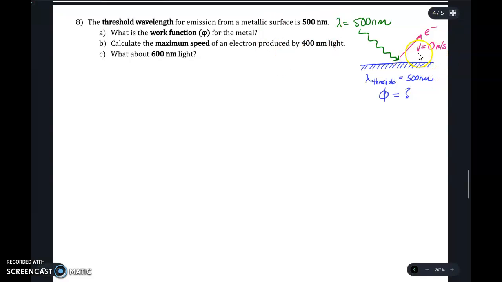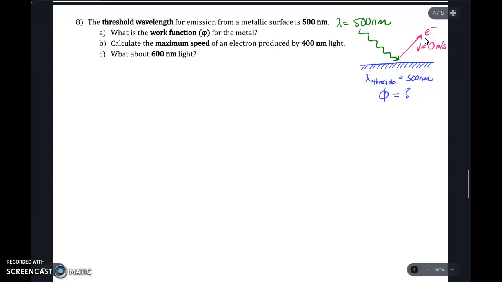Why is that important? The reason the velocity being 0 is important to note here is because we do not have any kinetic energy involved in this particular process that's being mentioned in the first sentence of this threshold wavelength, right? All this is telling us is that light of 500 nanometers basically has the exact amount of energy that we need to get an electron to eject, and no energy is going to be left over.